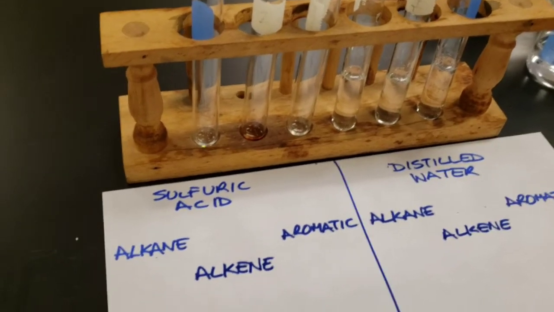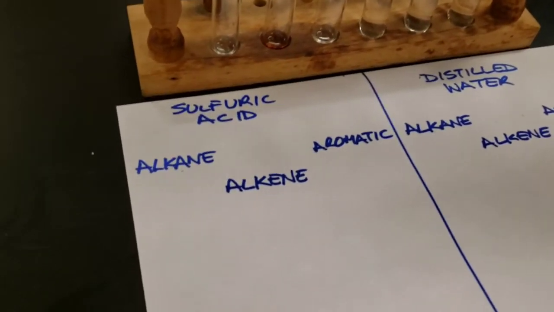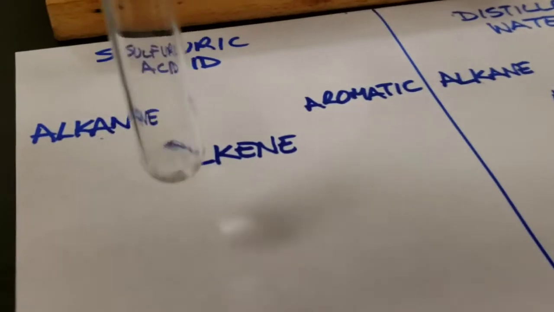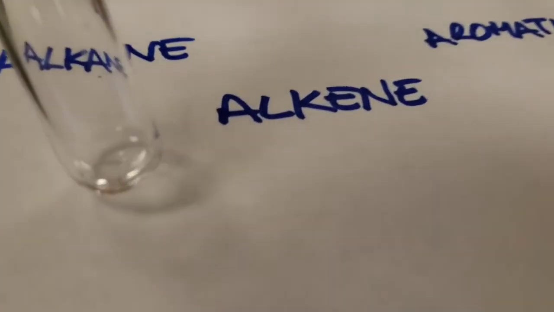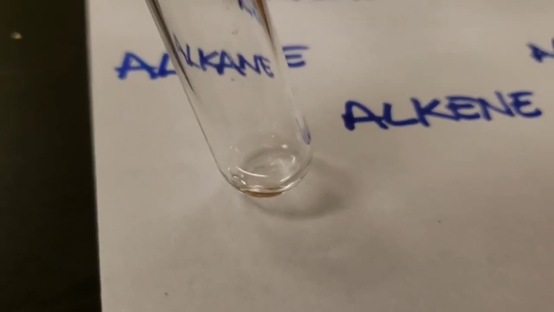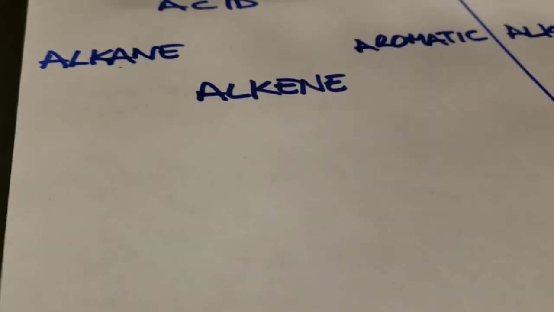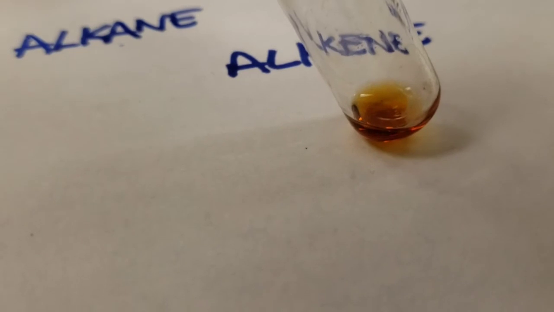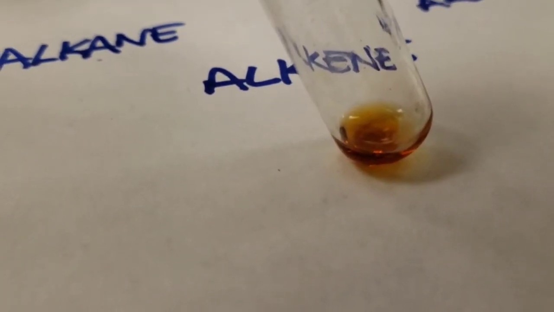Let's look at the results from these tests. First, sulfuric acid plus alkane appears to be colorless, two layers. Next, concentrated sulfuric acid and alkene. Now we know that dilute sulfuric acid plus alkene would make an alcohol, but concentrated sulfuric acid plus an alkene makes an alkyl sulfate.